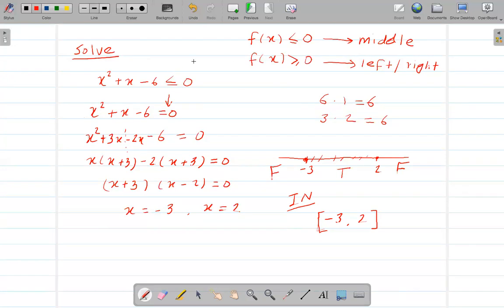If we had greater than, for example, then everything will be the same. It's just that now this side will be true, this side will be true, and the middle region will be false.